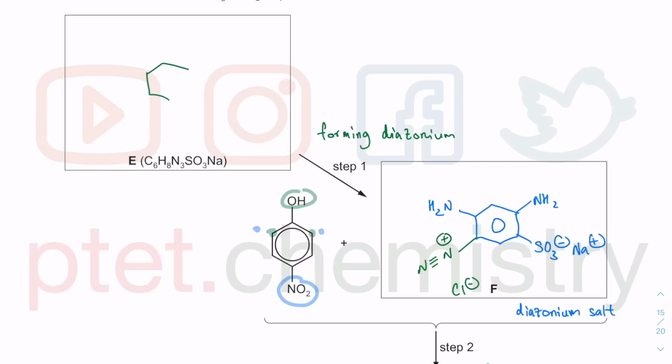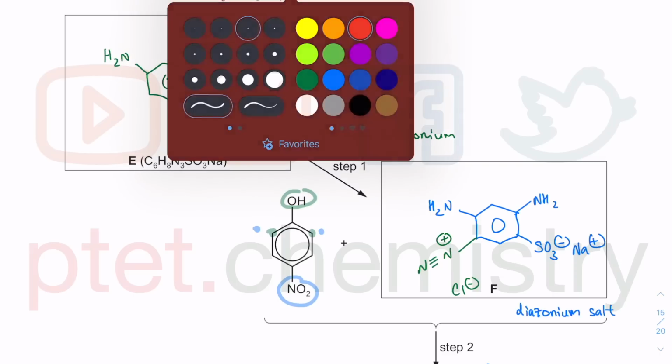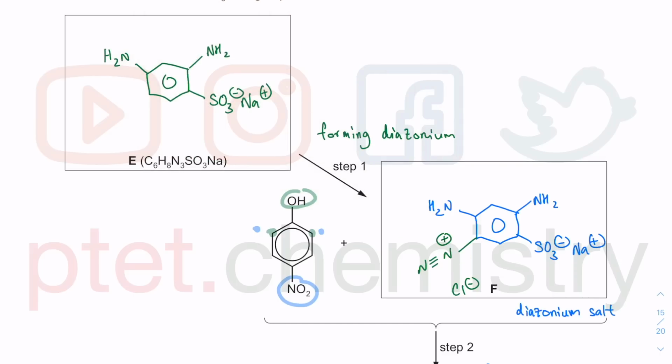So that is our NH2, that is our SO3 minus, Na plus, and keep everything else the same except for the diazonium fragment. So this diazonium fragment will have come from phenylamine as well. Yes, you have many phenylamines, but this is the one that is the position that will form this thing here.